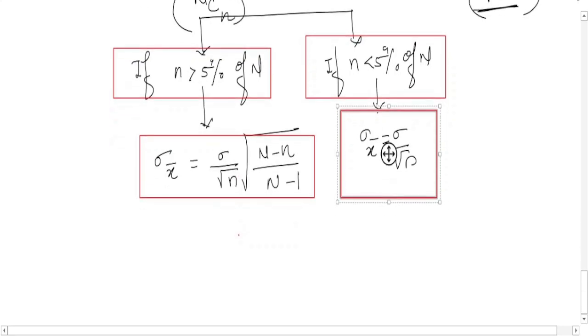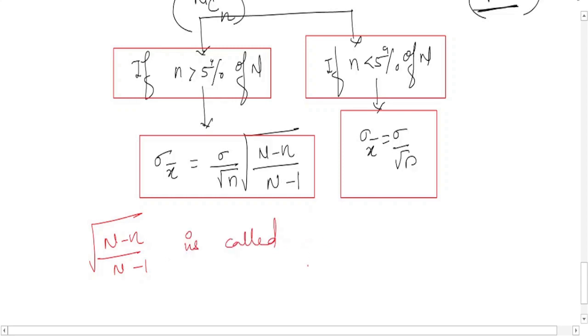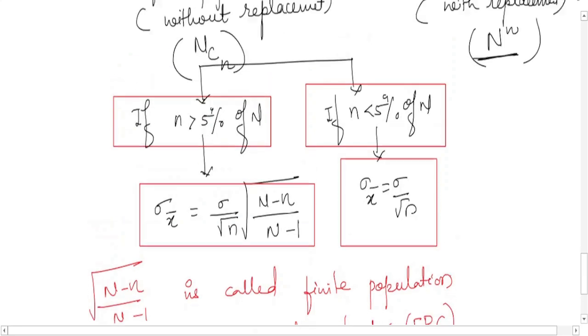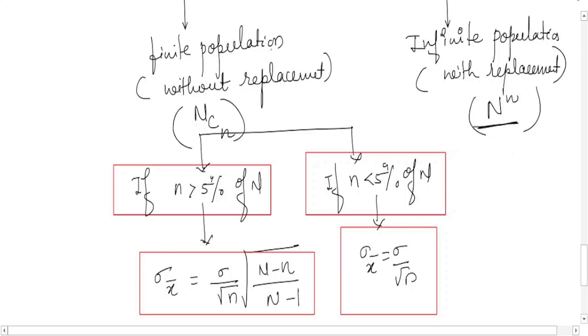Here root of N minus n upon N minus 1 is called the finite population correction factor, FPC. So this is about the finite population.